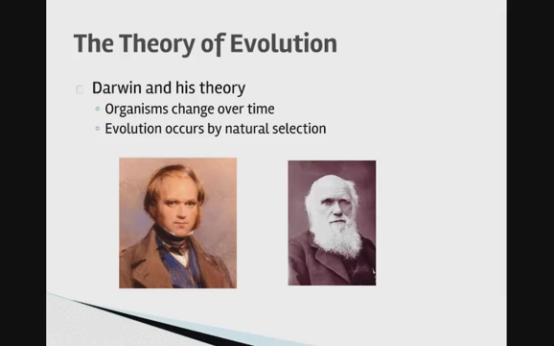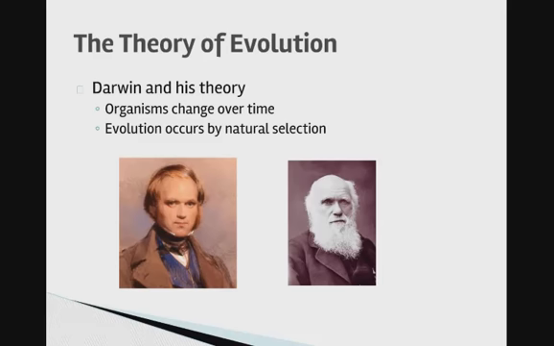This all occurs by his theory of natural selection, where some members of the same species are a little more fit to survive in the environment, and sometimes the environment may change, causing that fitness to be passed on to the next generation, and those who are not as fit will not pass their genetic code on to the next generation. Over time, whole new species may occur.